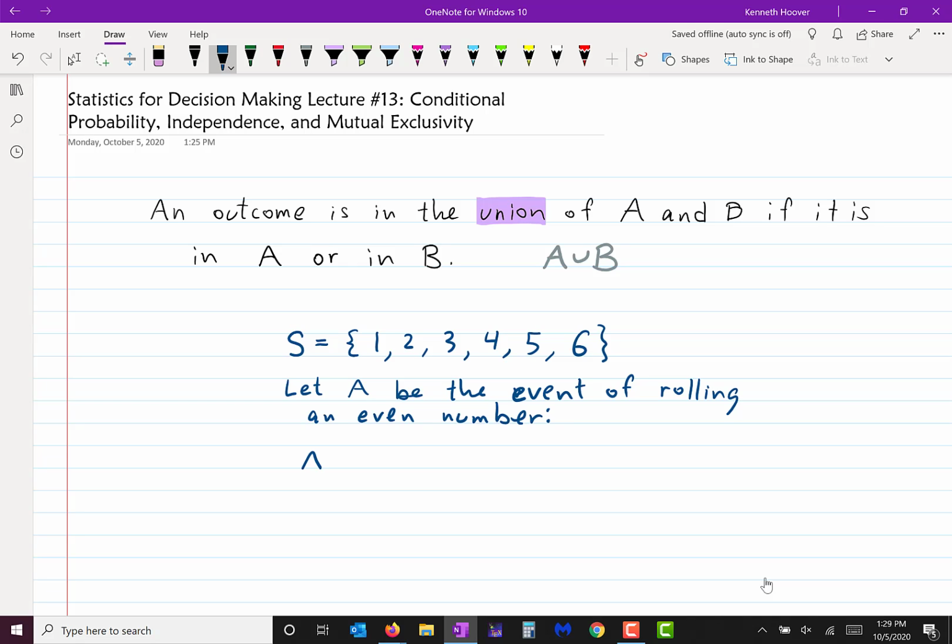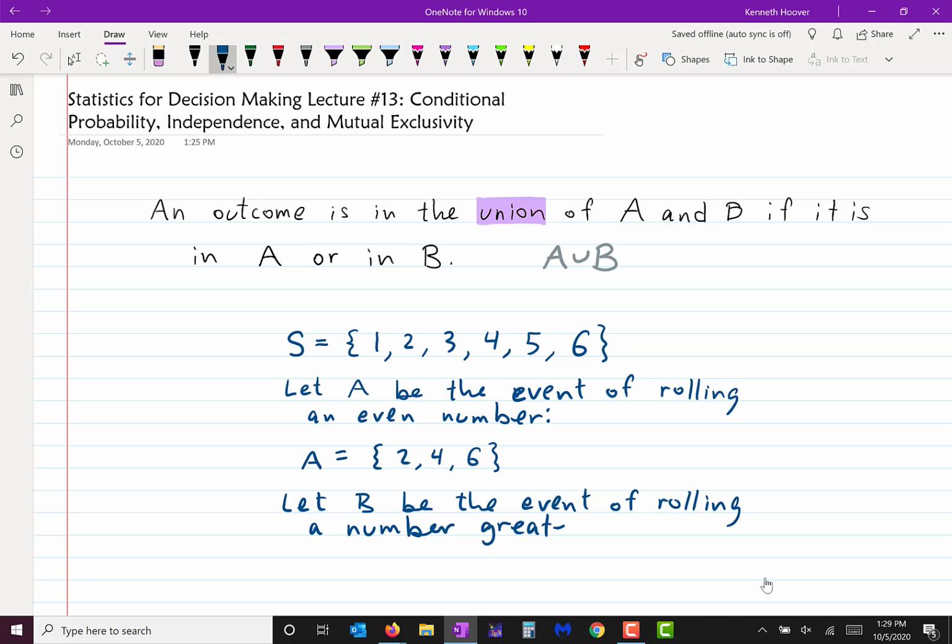A would look like this. Now let B be the event of rolling a number greater than 3. Then what would B look like? B would look like this.